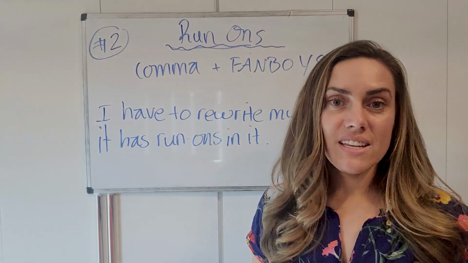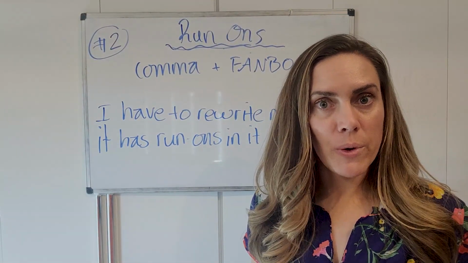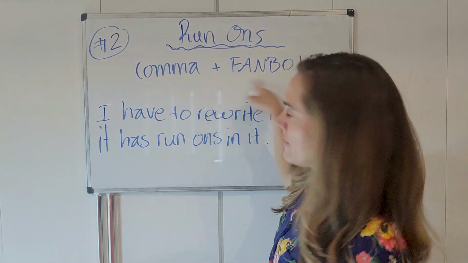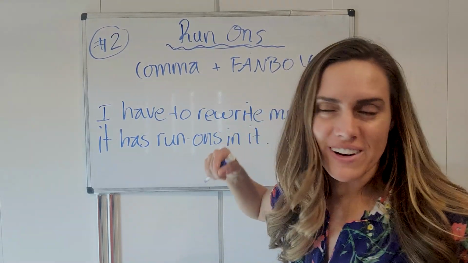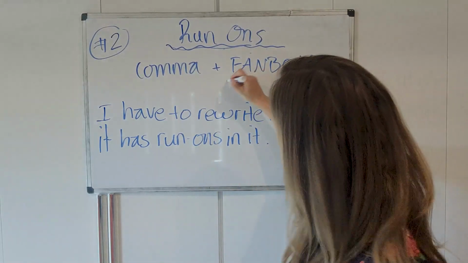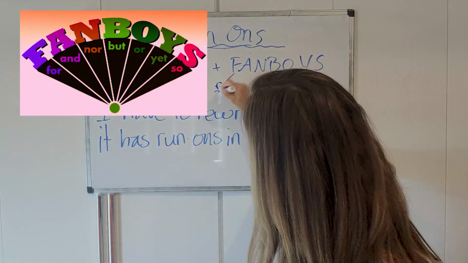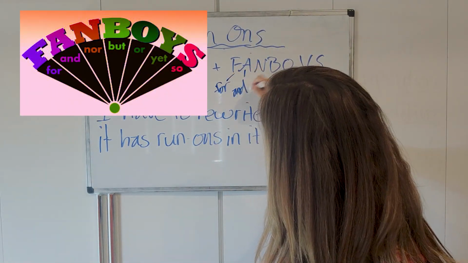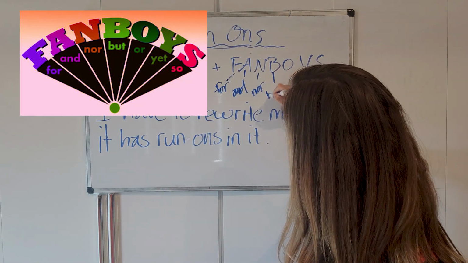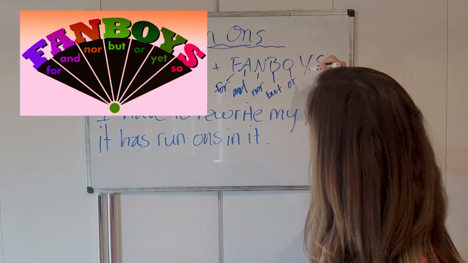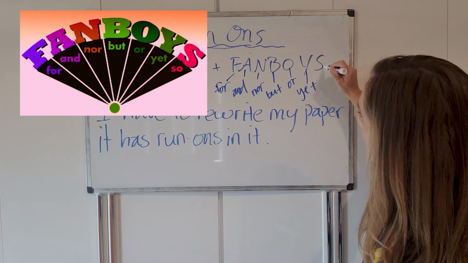Second way is add a comma and a fanboy. What's a fanboy? Fanboys is a fancy name for conjunctions. F stands for for, A is and, N is nor, B is but, O is or, Y is yet, S is so.